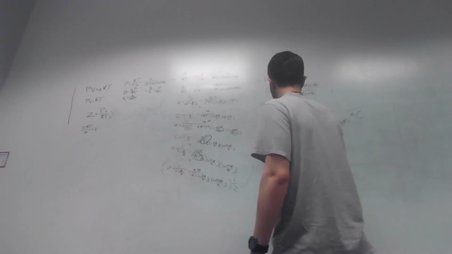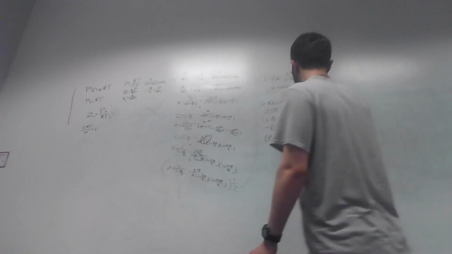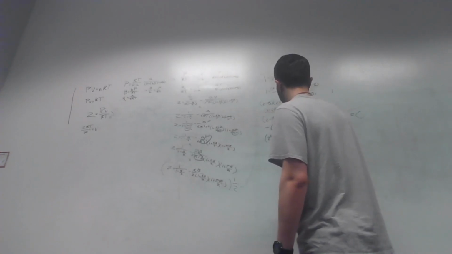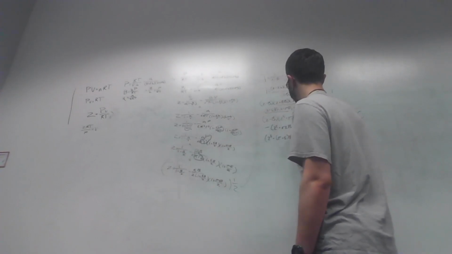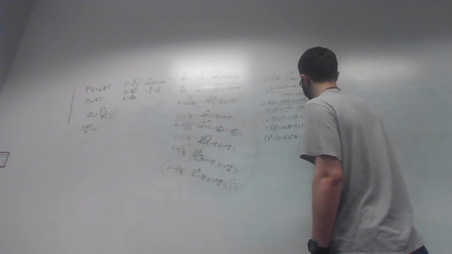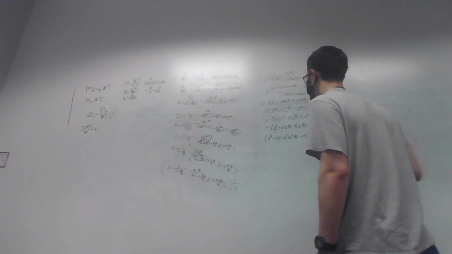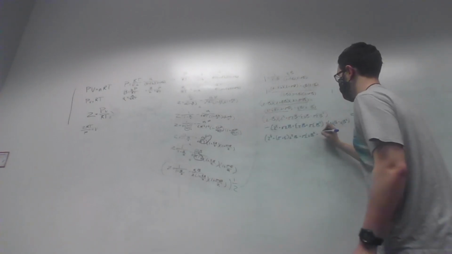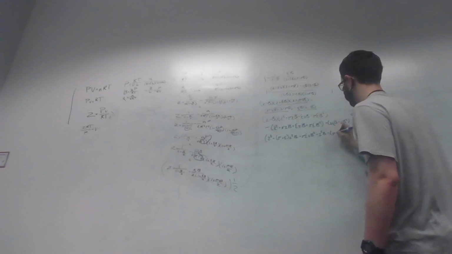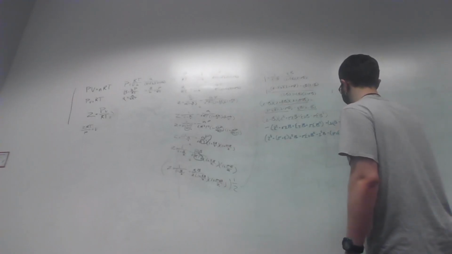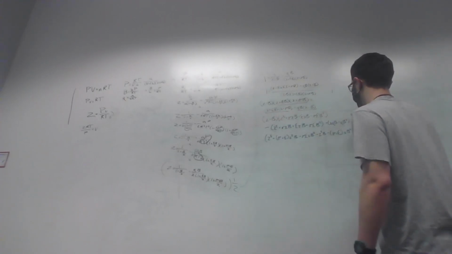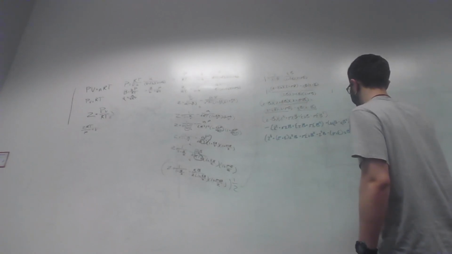Z cubed plus, and I'm going to factor these two, omega plus epsilon, z squared beta plus omega times epsilon times z beta squared, and over here, minus z squared b minus omega plus epsilon times compressibility times b squared minus omega times epsilon times b cubed.